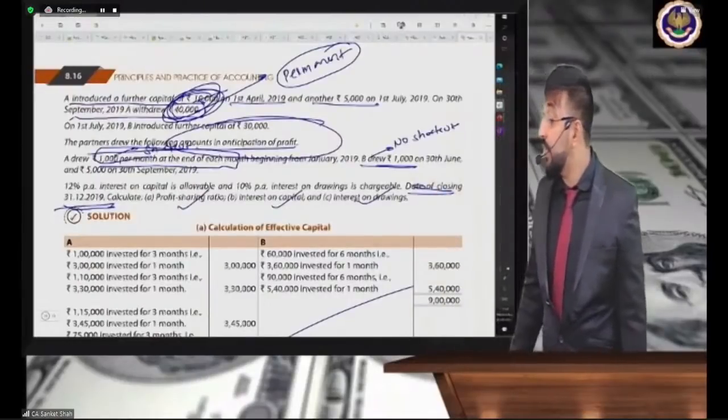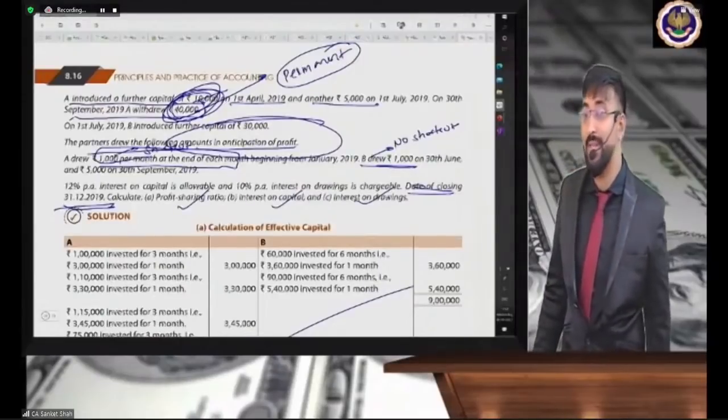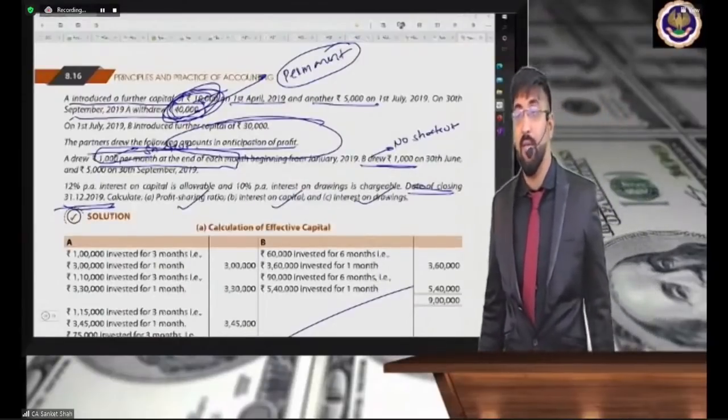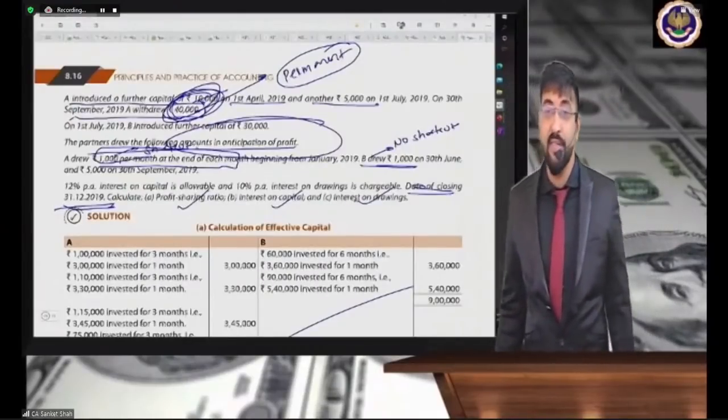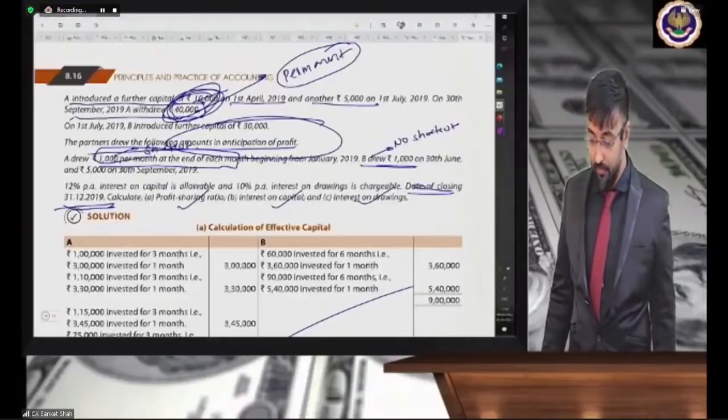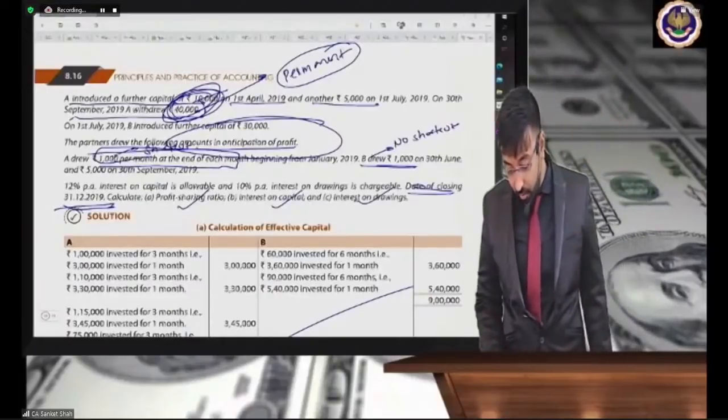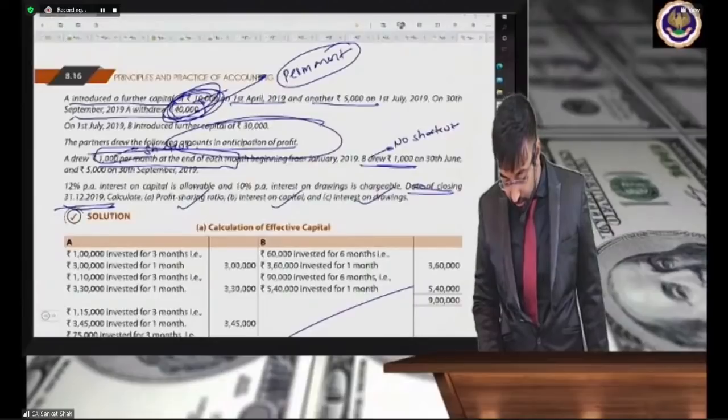But it is considered for effective capital. So write down this sentence. Permanent drawings considered for effective capital. So some students, yes, now I got why Preeti is asking the same question.